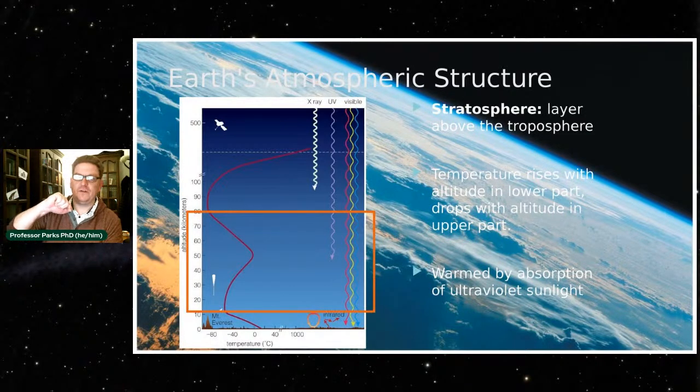You have a temperature inversion at the boundary between the troposphere and the stratosphere, where instead of the temperature decreasing with altitude, it actually increases with altitude until you get to around 50 kilometers or so. And then it inverts again. Now the temperature decreases again as you get higher up. And then there is another inversion just above the stratosphere in the next layer up.